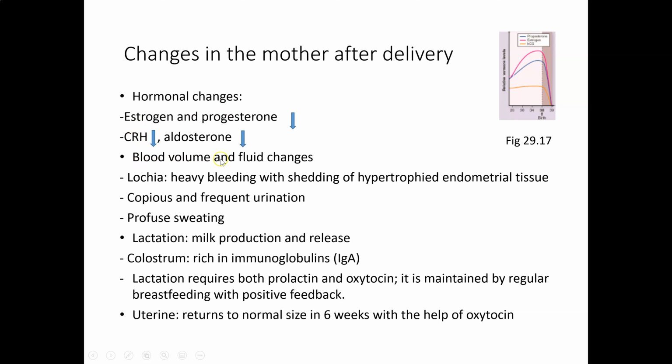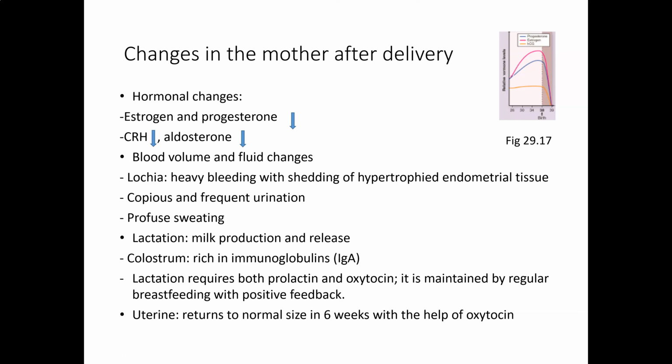First thing, blood volume and fluid balance is going to change. Right after the birth, the new mom usually has heavy bleeding, with shedding of all that hypertrophied endometrial tissue, because the endometrial layer hasn't been shed for like 9 months.